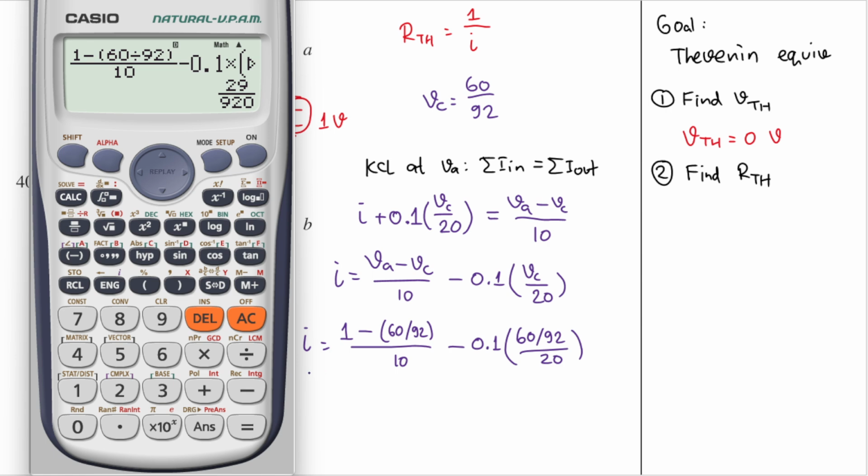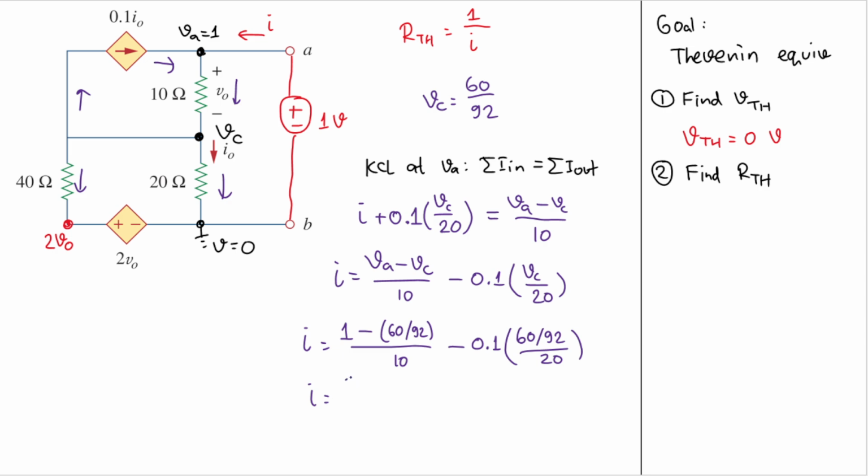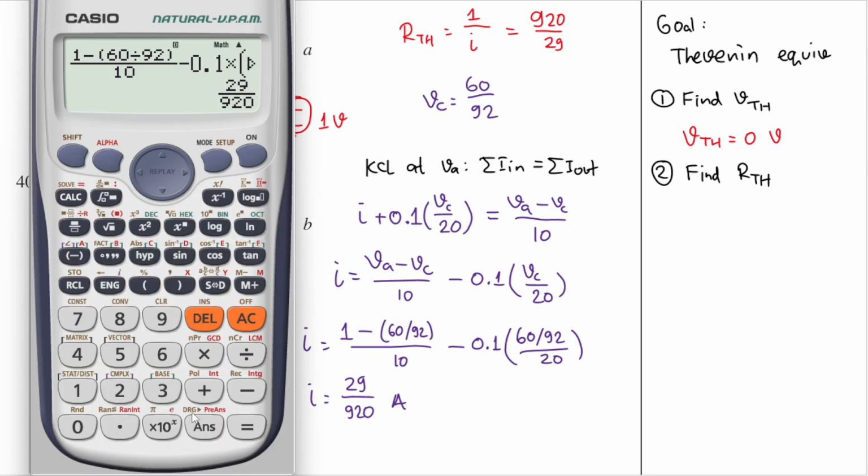Okay, and I think we can get this. So our I is 29 over 920 ampere. But then we can just flip it to get RTH, because it is 1 over I. So we will have 920 divided by 29, and that will be 31.724.